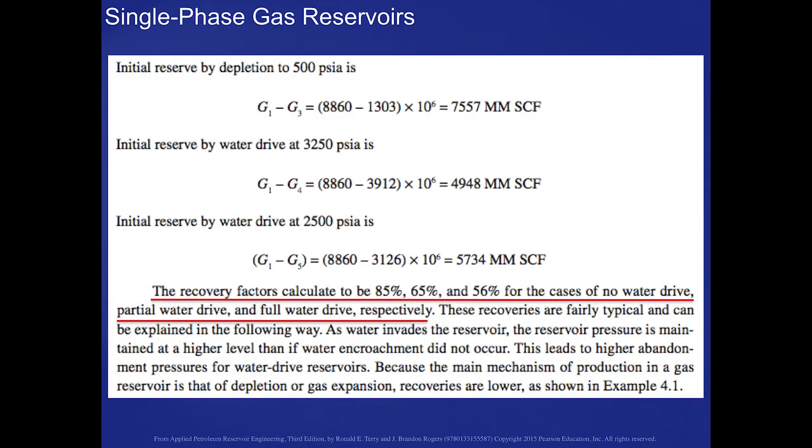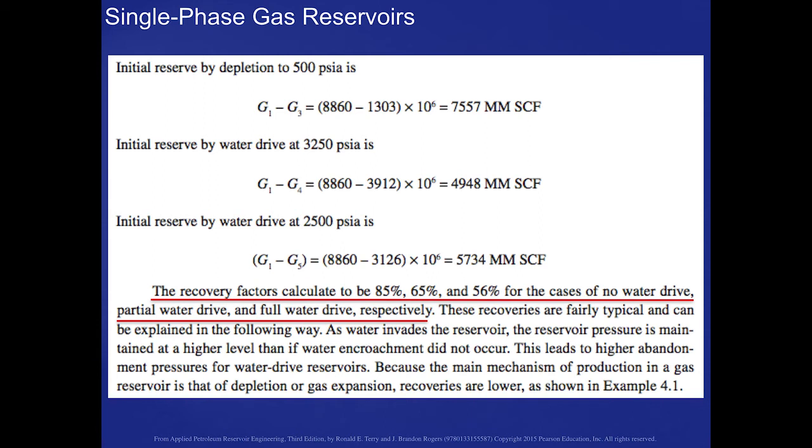So if we take a look at the initial reserve by depletion to 500 psia, and then by the water drive at 3250 and at 2500, we see these three different values for the initial reserve, or the gas expected to be recovered under these different situations.